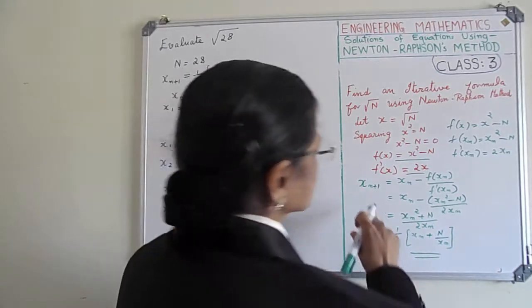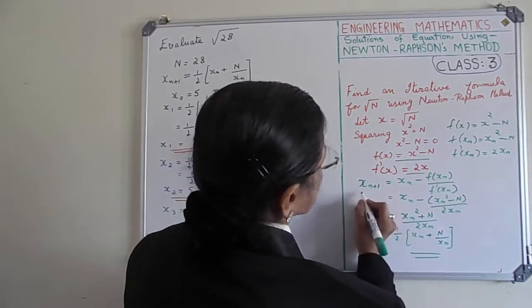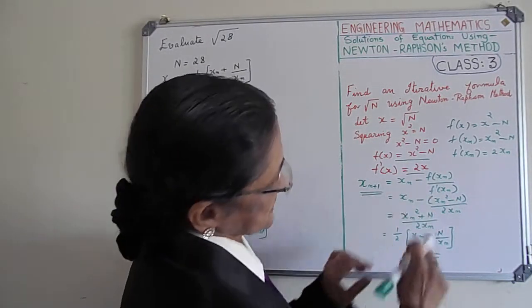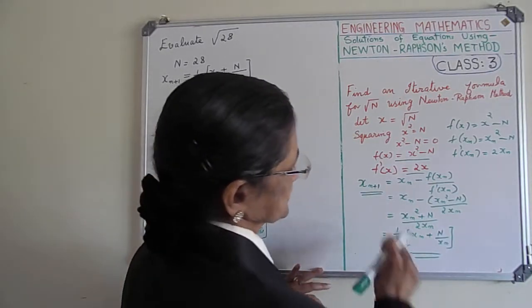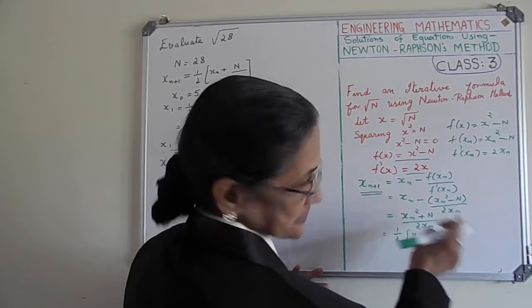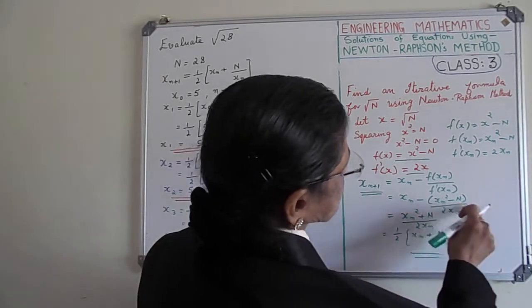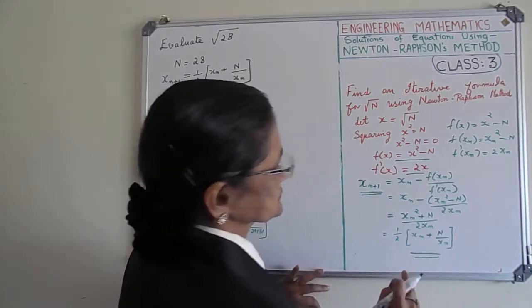Now we can substitute in this formula. x(n+1) is equal to xn minus f of xn upon f dash xn, that is equal to xn minus (xn square minus n) upon 2xn.